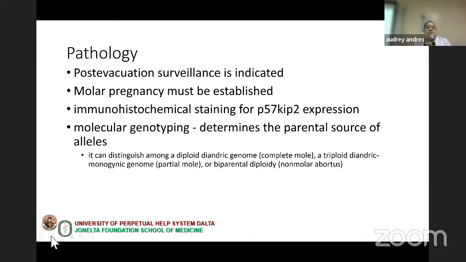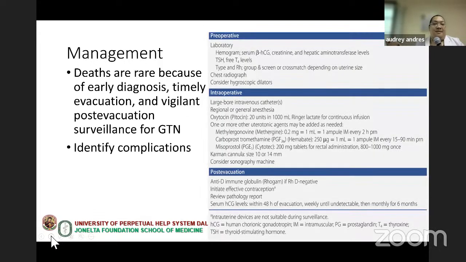What do you do? Post evacuation surveillance is indicated. So of course we evacuate, and that is to establish molar pregnancy. Immunohistochemical staining for P57 KIP2 to make sure that it's H1. You do genotyping to look at the source of parental alleles.